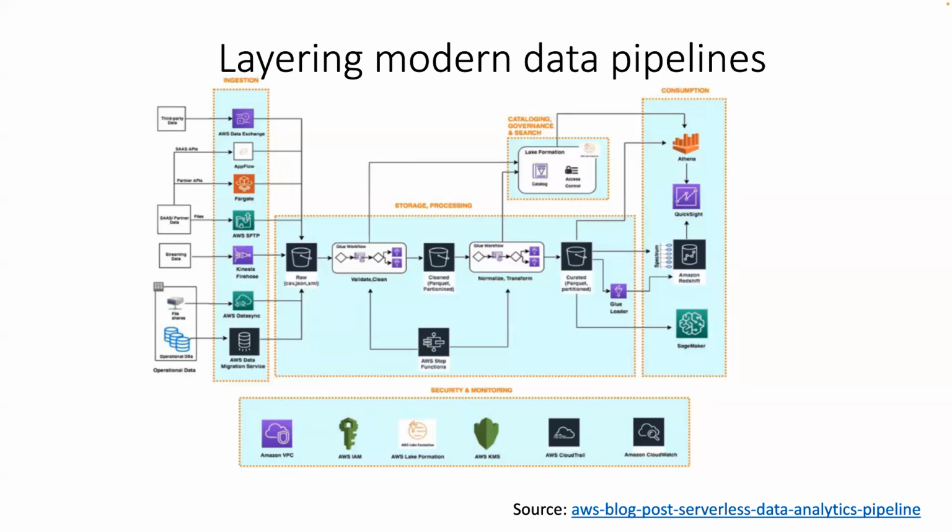Looking into these different layers, you have different AWS services that go into each layer, and we talked about some of them. A quick example: you might have streaming data that goes into the bucket, and in Glue you may have a situation to orchestrate different jobs.